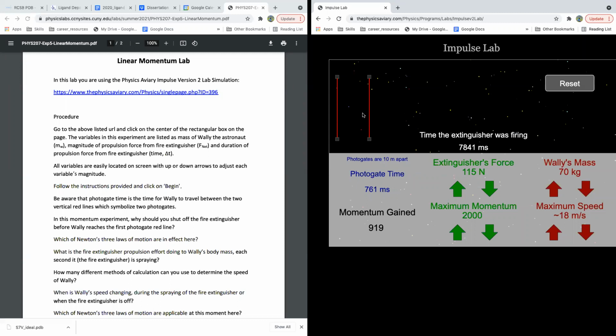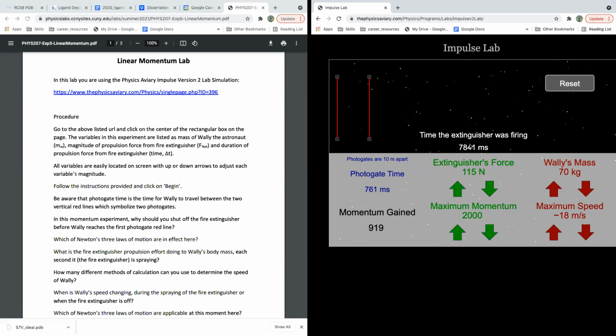The time the extinguisher was firing was 7841 milliseconds, and the extinguisher's force. So you can record this and put it in the table later, and then calculate everything we need.